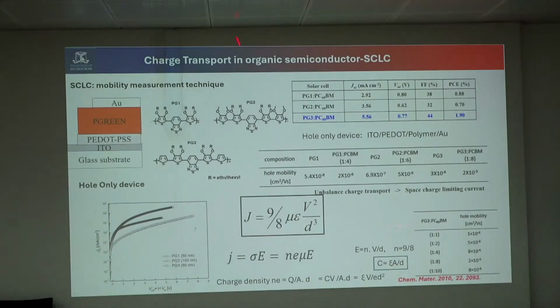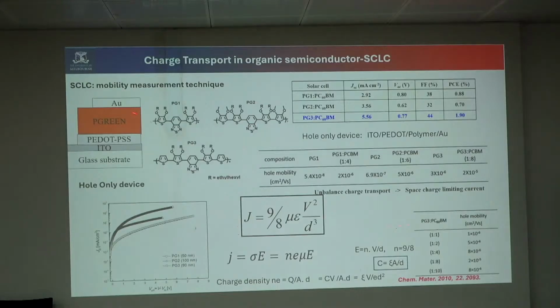That will hinder the further movement of other charges. In the space charge measurement, we maintain a hole only device, because both sides are P-type: gold also has a high work function, and PEDOT also has a high work function. Normally, for an efficient device, one side would be high and the other low work function. Here we purposefully make both high work function. That's why the device allows conduction of only one charge, holes only.